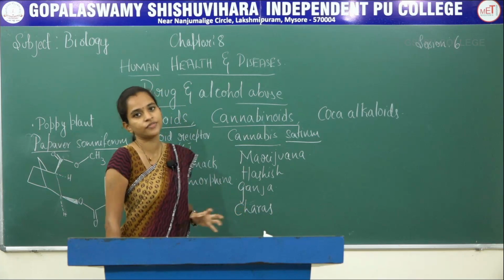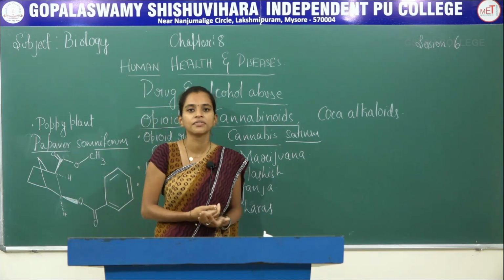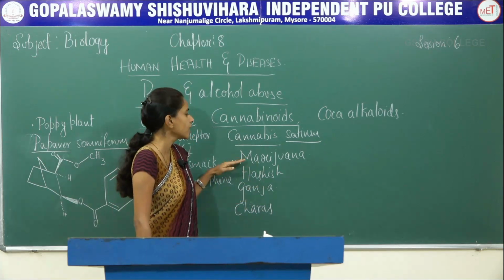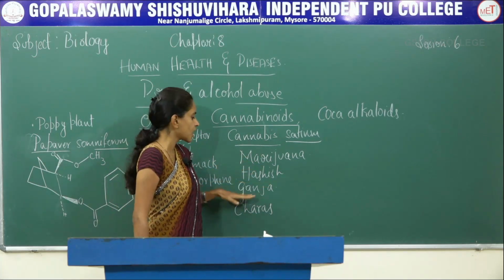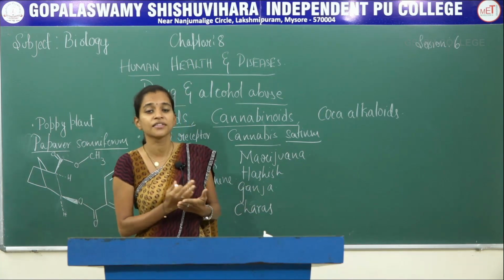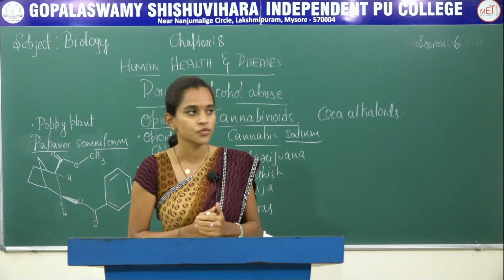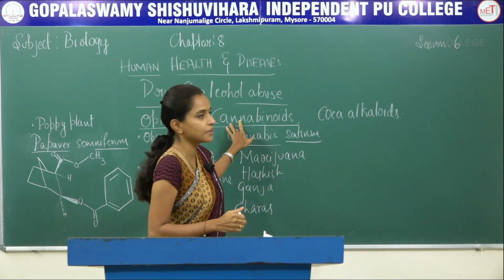The combination of this plant extract, either with flower, latex, leaves, or inflorescence, helps in forming marijuana, hashish, ganja and charas. These are the different varieties or byproducts of the plant. So that is about cannabis or cannabinoids.